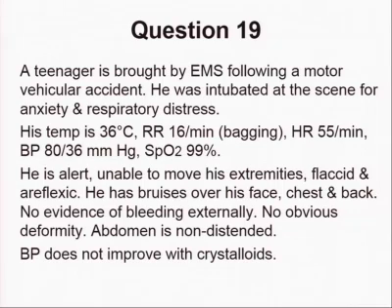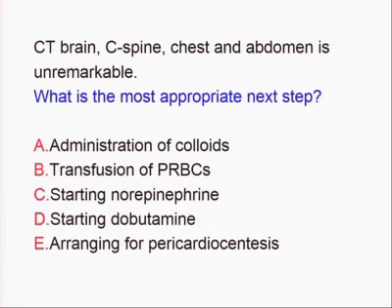He has bruises over his face, chest, and back. There is no evidence of bleeding externally, no obvious deformity, and the abdomen is non-distended. The blood pressure does not improve with crystalloids. CT brain, C-spine, chest, and abdomen are unremarkable. What is the most appropriate next step? Administration of colloids, transfusion of packed red blood cells, starting norepinephrine, starting dobutamine, arranging for pericardiocentesis.